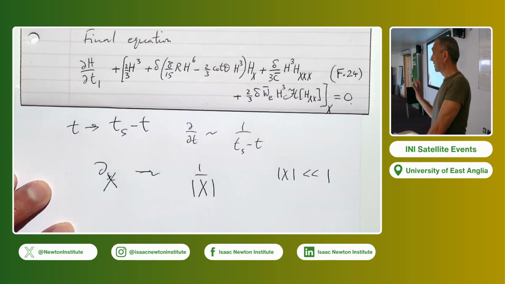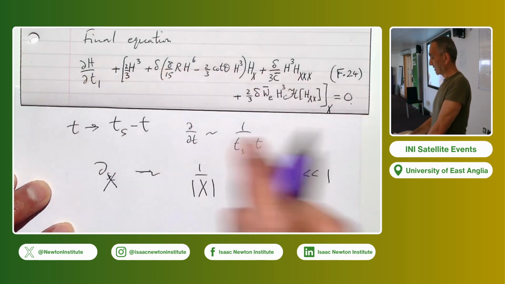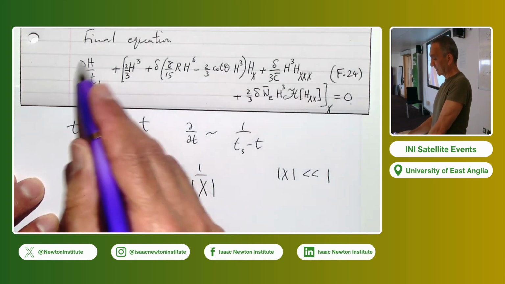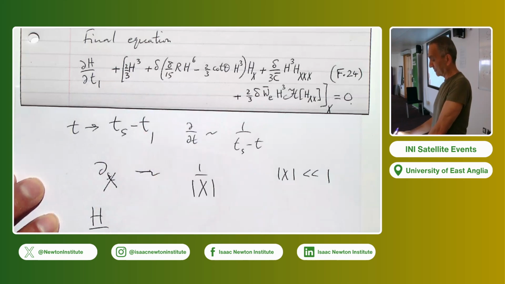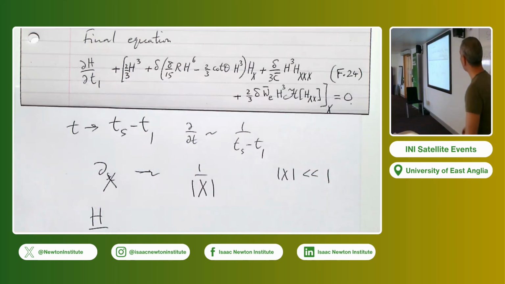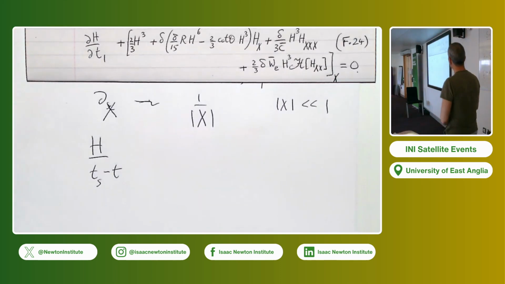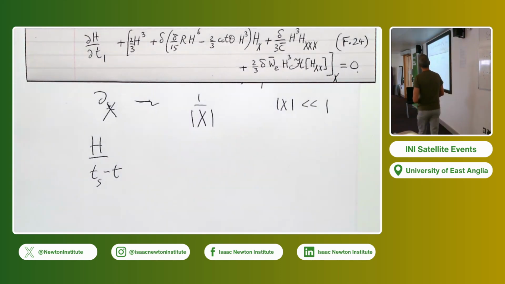Okay, that's it. Once you have that, you've got everything. You go to this equation and ask yourself, what's the biggest term available? Well, I have to keep unsteady. So the unsteady term, that should be T1, right? The unsteady term looks like H over Ts minus T. And now let's look at all the other terms, right?